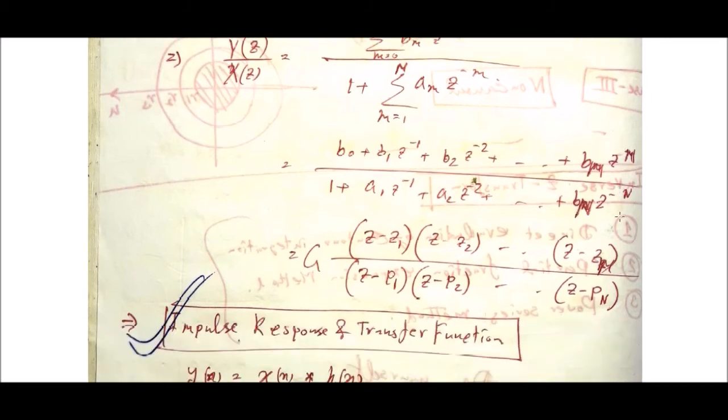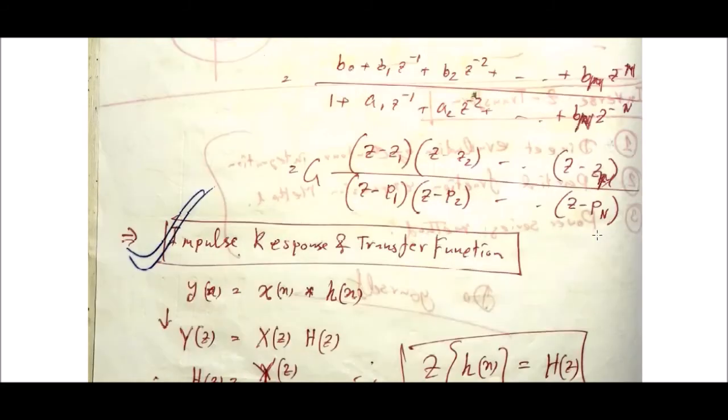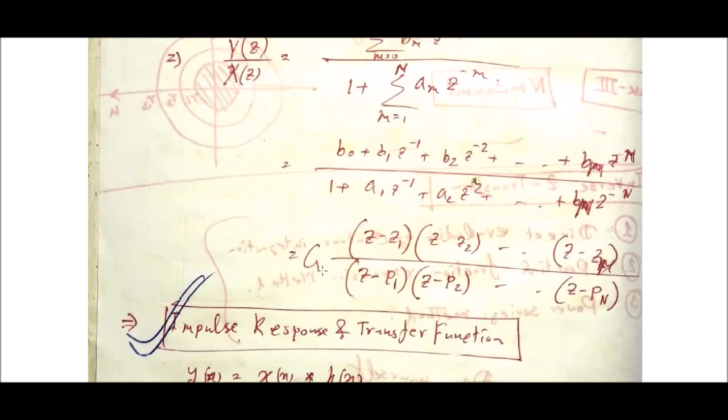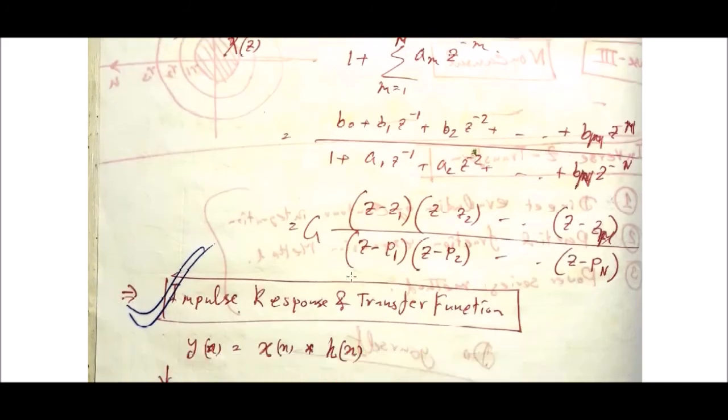If you factorize them, you will have m factors in the numerator and n factors in the denominator. Here z1, z2, z3 up to zm are all the m zeros, and p1, p2 up to pn are all the n poles. You can obtain this for any fraction given, and g is the scaling factor.